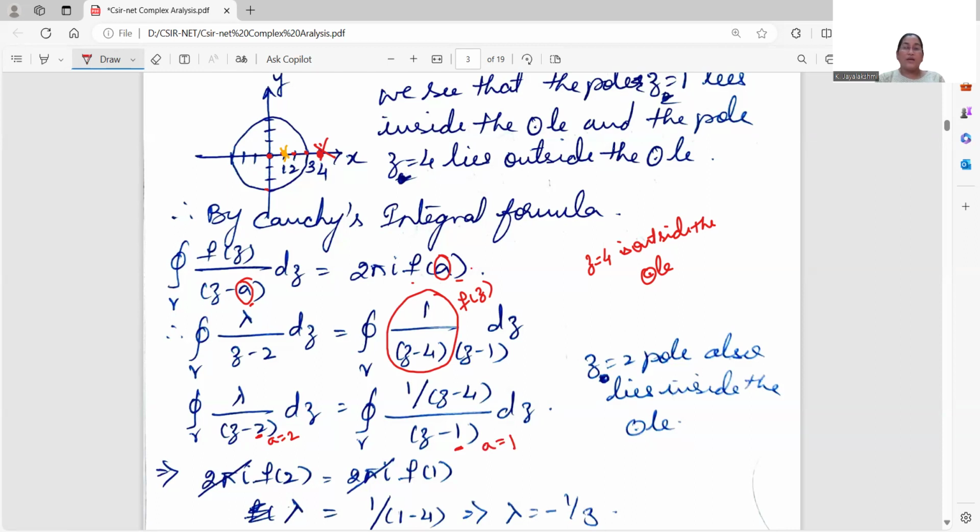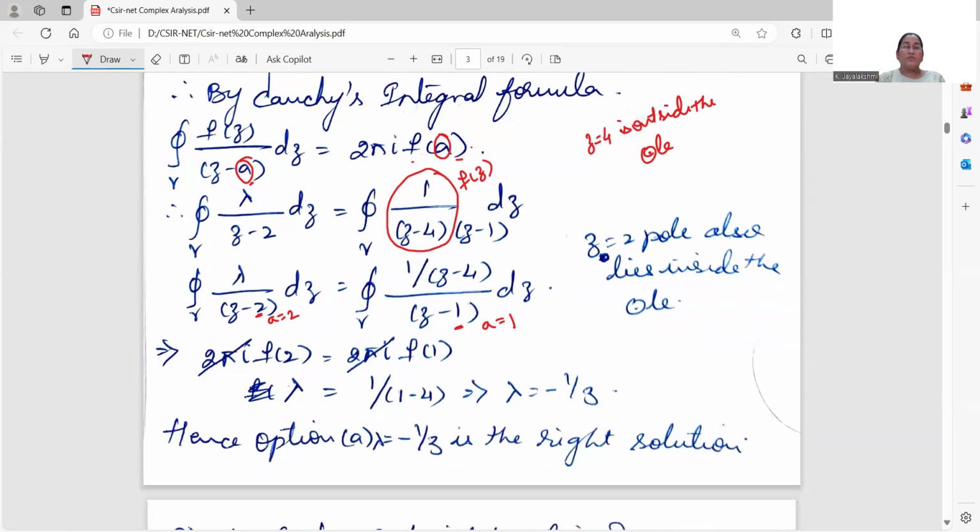So 2πi times f(2) equals 2πi times f(1). On the left, f(z) is just lambda, so we substitute it there. On the right-hand side, f(z) is 1/(z minus 4), so wherever we have z we substitute 1. Lambda equals 1/(1 minus 4), and upon calculation, lambda equals minus 1/3.